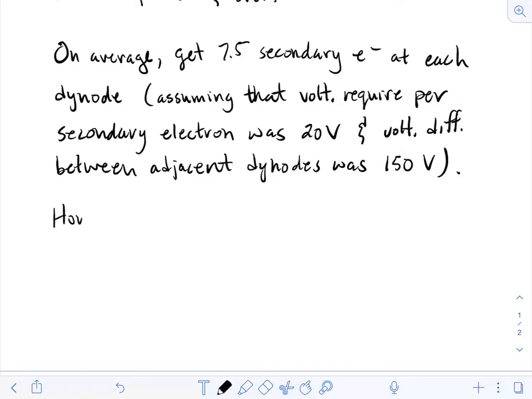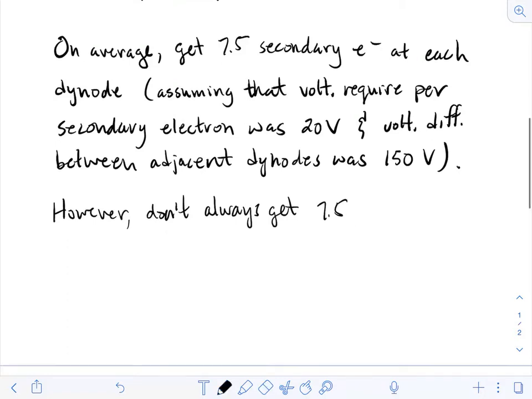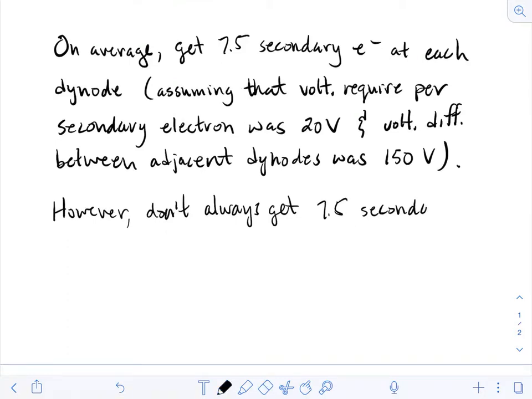However, you don't always get seven and a half secondary electrons per incoming electron.